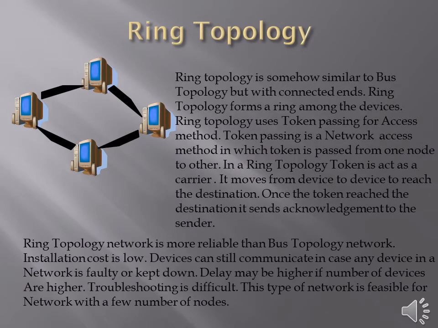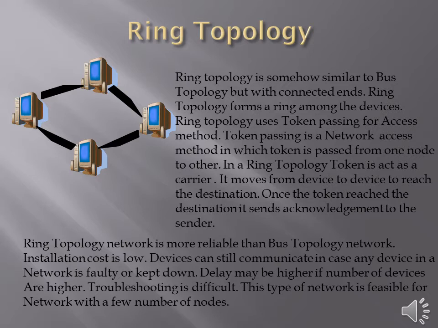Ring topology. Ring topology is somehow similar to bus topology but with connected ends. In the figure you can see that each node is connected in a ring-like structure and last node is again connected to the first node. Ring topology forms a ring among the devices. Ring topology uses token passing for access method.